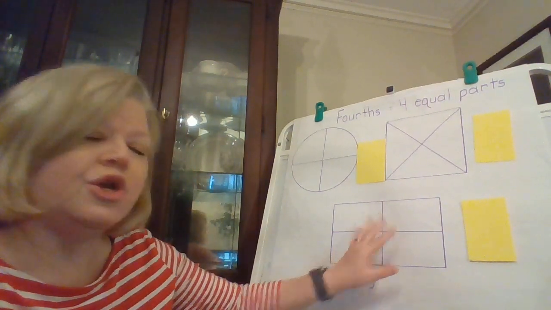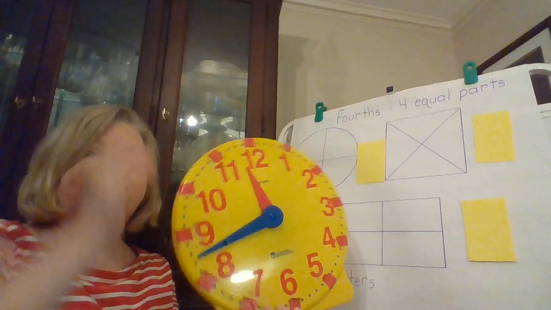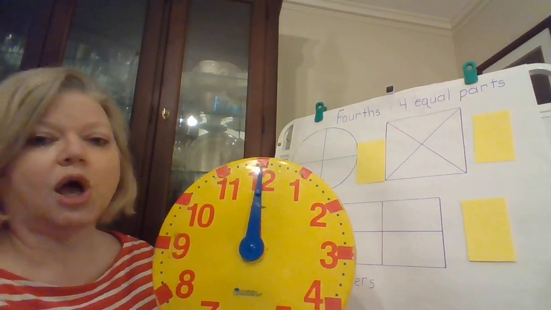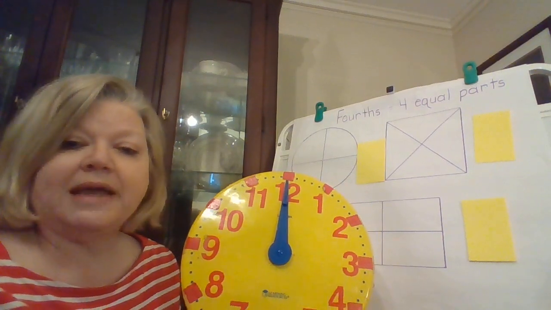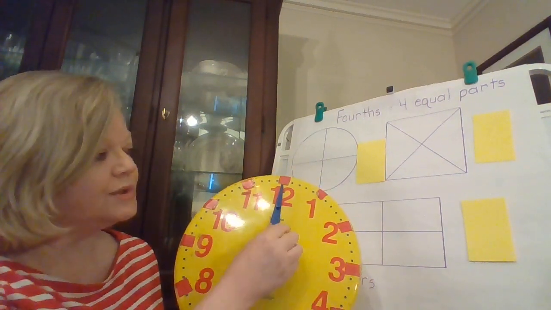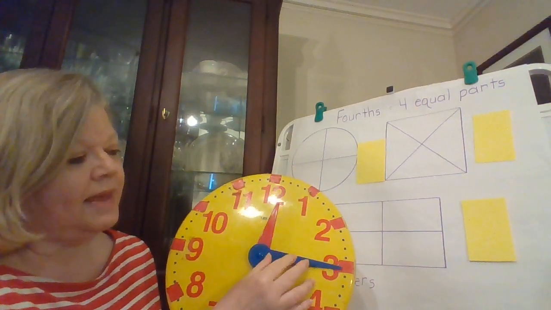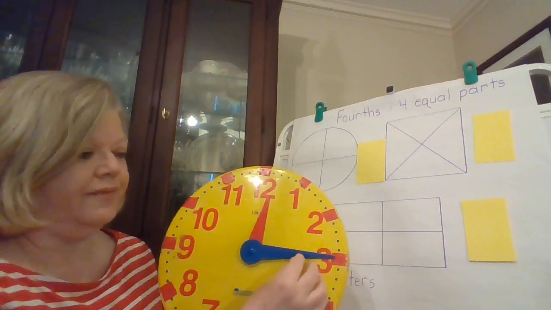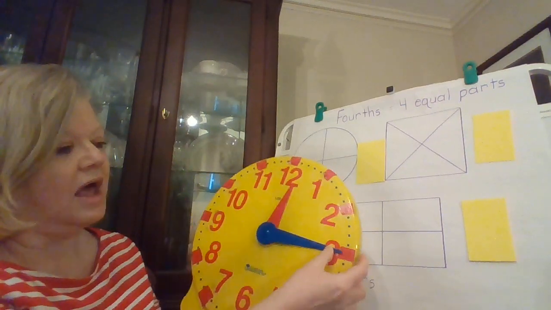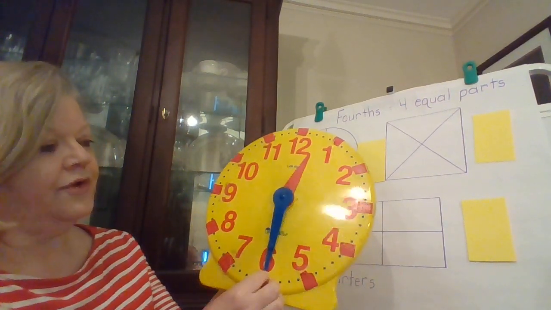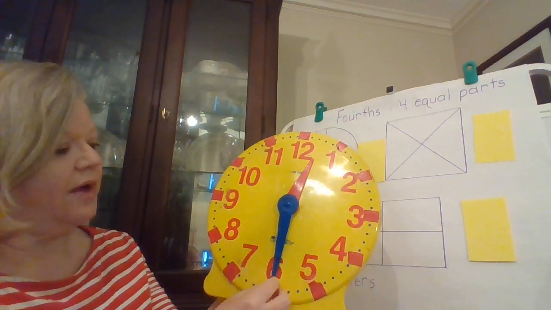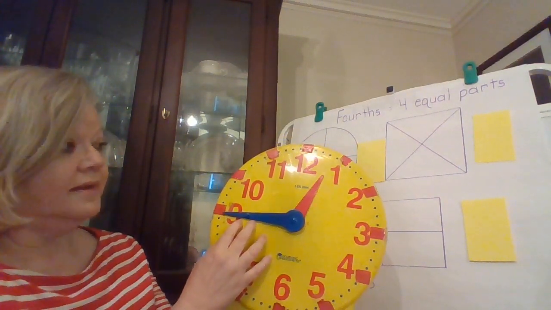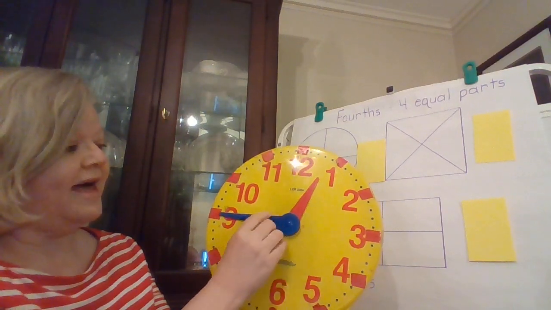Before I show you and talk about these shapes, remember the clock, remember that Miss Reinhardt talked about our clock being divided into 4 quarters. Remember, 12:15 is a quarter past 12. That's 1/4 of the clock. Another quarter of the clock would be 12:30. Another quarter would be 12:45.